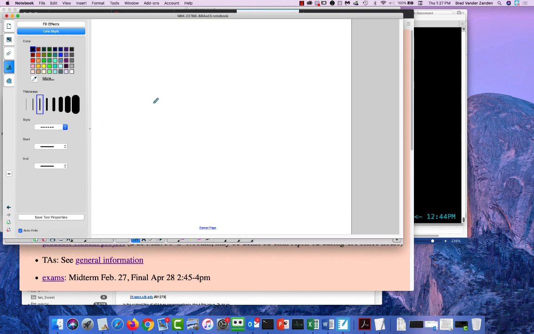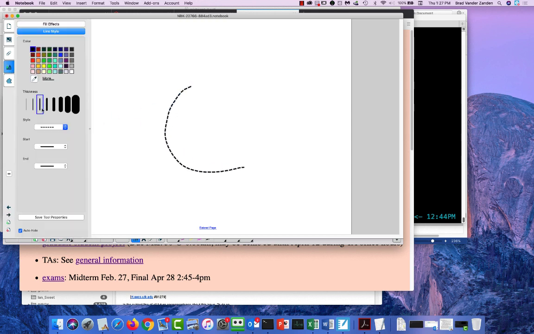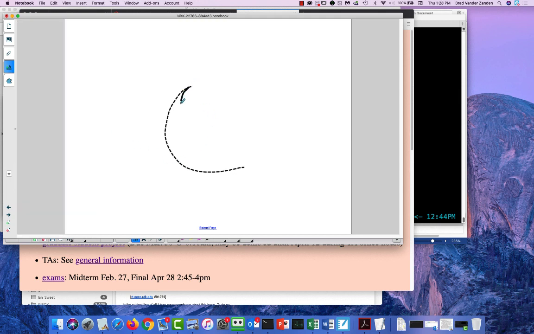Let's go to here. I don't want a dotted line. Okay, I know I don't draw very well, but hey, this isn't art. I'm not in the art, so that's good because I used to do very badly in art class.